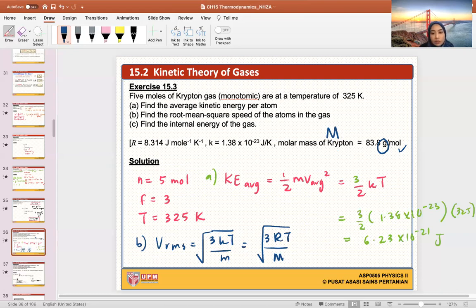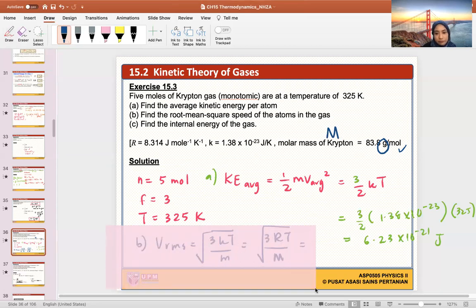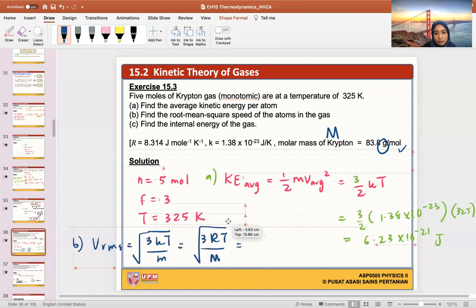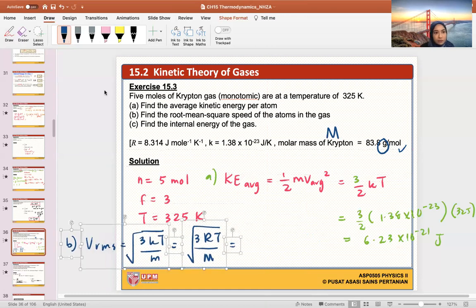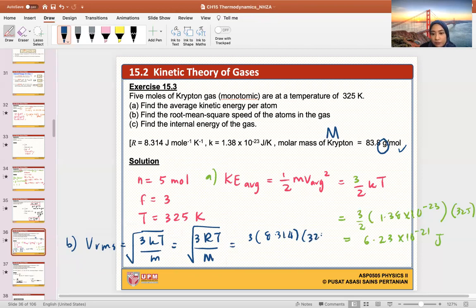We know what R is and what T is, so let's substitute. 3 times 8.314 times T, which is 325, and capital M is 83.8 grams per mole.